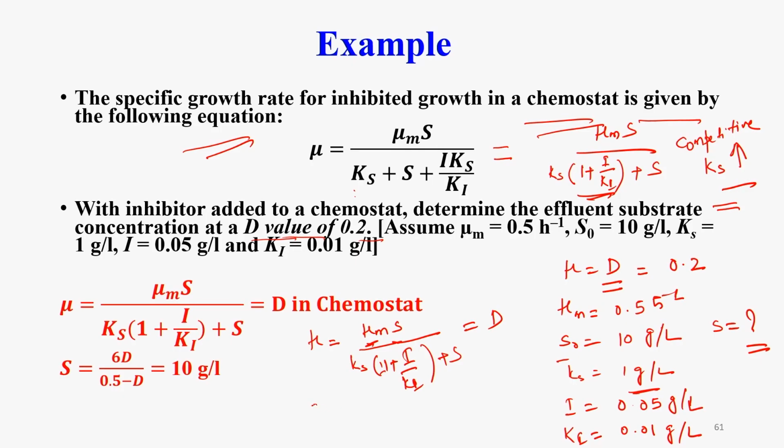We can just rearrange this, and we end up with S equals 6D divided by 0.5 minus D. If you put the value of D as 0.2, this will be 1.2 upon 0.3, and you will get the answer of 4 gram per liter. So, S naught was 10, S will be 4 gram per liter. In this way we should be able to understand the inhibition of microbial growth as well.